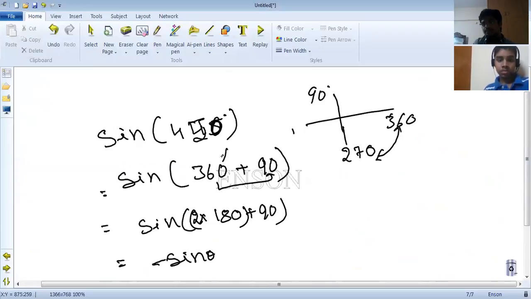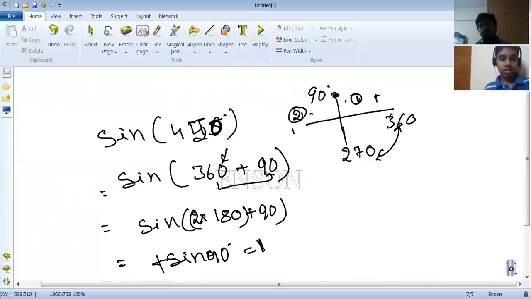But here you are having 360 plus something. 360 plus something, in the sense which quadrant you will get? First quadrant. Yes. Whichever the value it may be, it must be in the first quadrant or second quadrant. In both the quadrants, sine will become positive only. So sine theta you will get, which will be sine 90. The answer is 1.